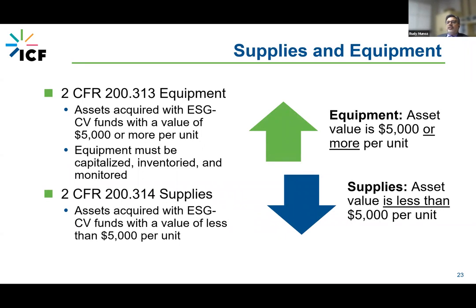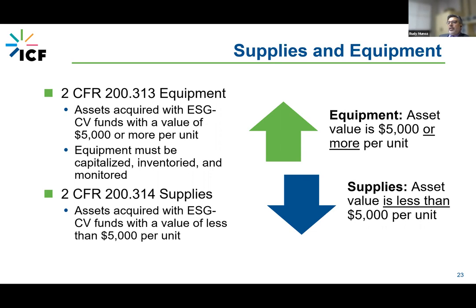Now we'll move on to discussing supplies and equipment, and we'll discuss what the difference is between the two. Under 2 CFR Part 200, subsection 1, which is where all of the definitions are in the super circular, we find the word equipment and supplies.